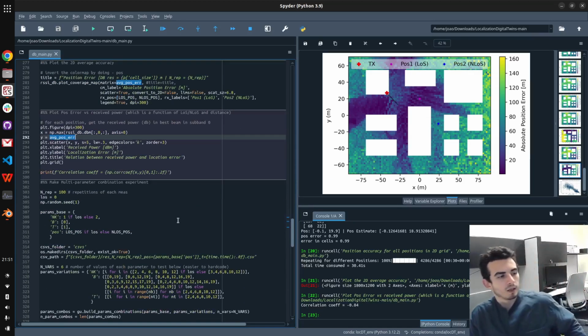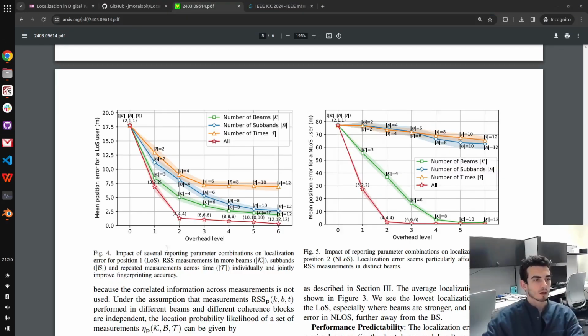Now, let us compute the other two images. So, for the multi-parameter simulations, we started with a given set of parameters of doing one report in one beam, in one band, which is this one. This one has a little error here, it should be 1. And then we varied each parameter individually and then all together.